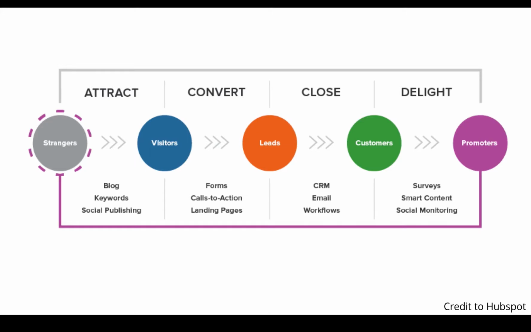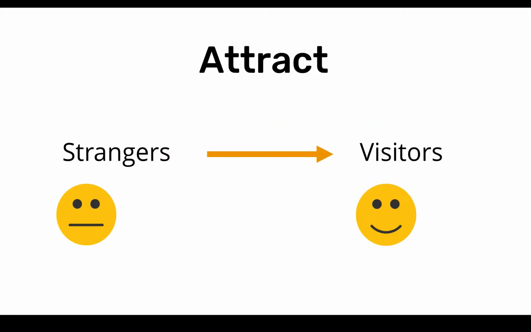From leads, they'll convert to customers. From customers, they'll convert into promoters of your brand. Think of someone who has a good dining experience at a restaurant and leaves a 5-star review on Yelp. Specifically today, we're going to focus on the attract phase, where you're taking strangers who are looking for information and converting them into visitors of your content or visitors of your website, maybe visitors of your YouTube channel, etc.